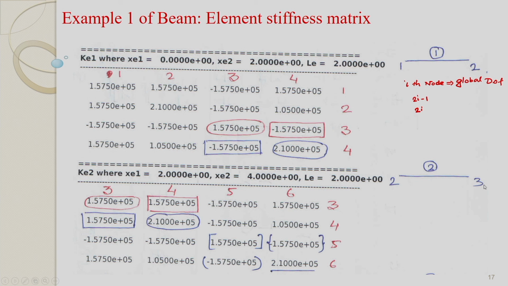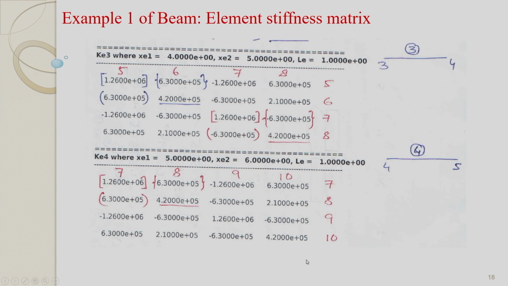Similarly, for node 3, 5 and 6. So, we mark the rows and columns as 3, 4, 5, 6. For element 3, global degrees of freedom are 5, 6, 7, 8, and for element 4 they are 7, 8, 9, 10. Now, we have to do the assembly.